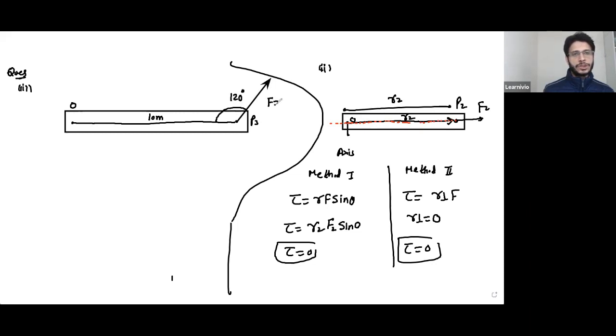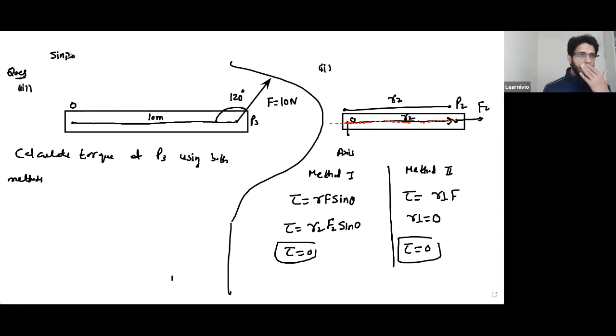Your force is 10 Newton. Calculate torque at P3 using both methods. Sine 120 degree is root 3 by 2, and sine 60 is again root 3 by 2. Okay, let's do it.